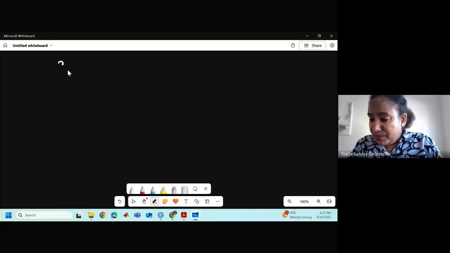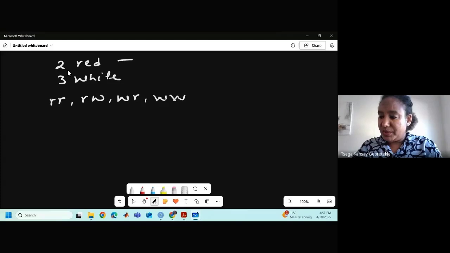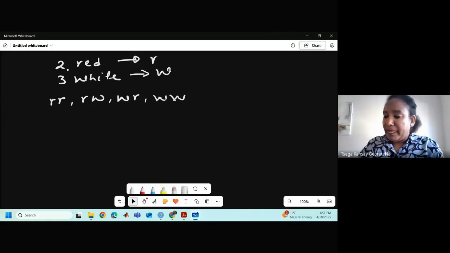We have 2 red and 3 white balls. We have how many draws? 2 draws. So we may draw red, red, or red, white, or white, red, or white, white. We denote these as R and W, or we can also use capital or small.